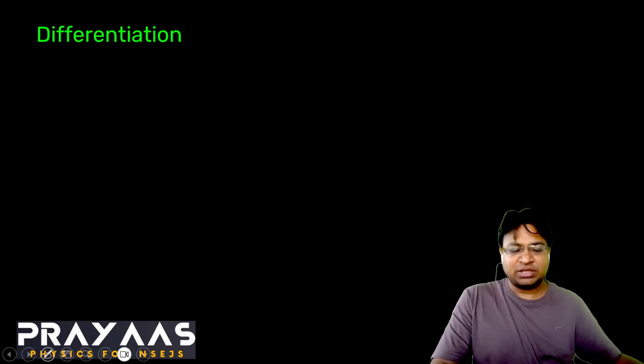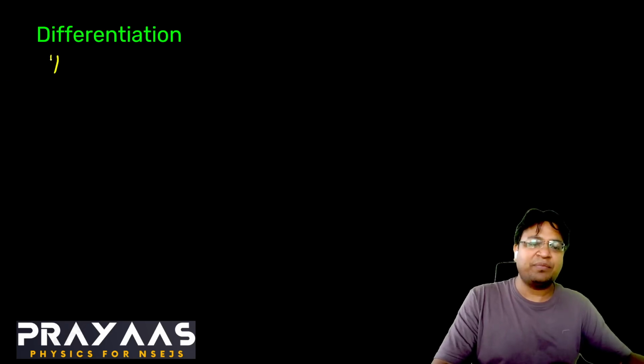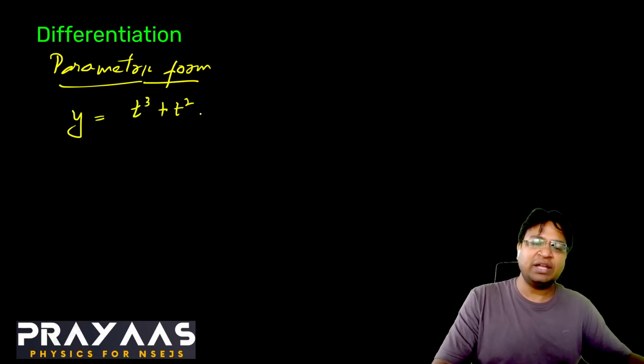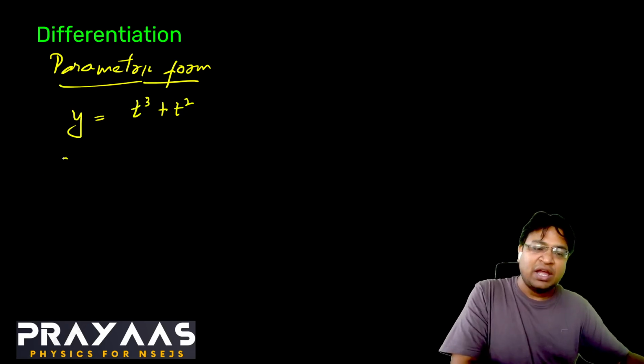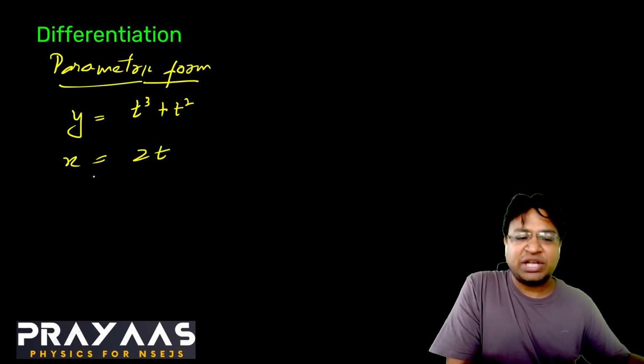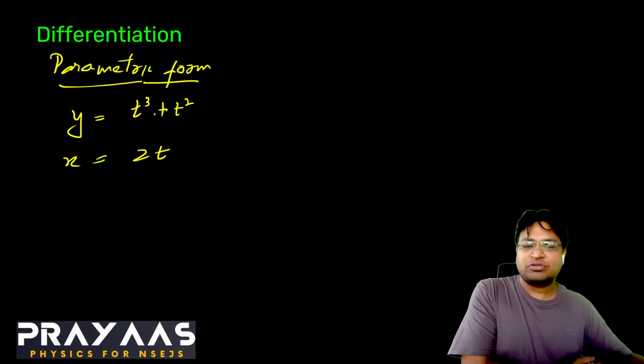Now there is something else called the differentiation of parametric form. What exactly is parametric form? Suppose we have been given a function like this: y is given as a function of t, and x is also given as a function of t. Every time you change t, x and y also change.